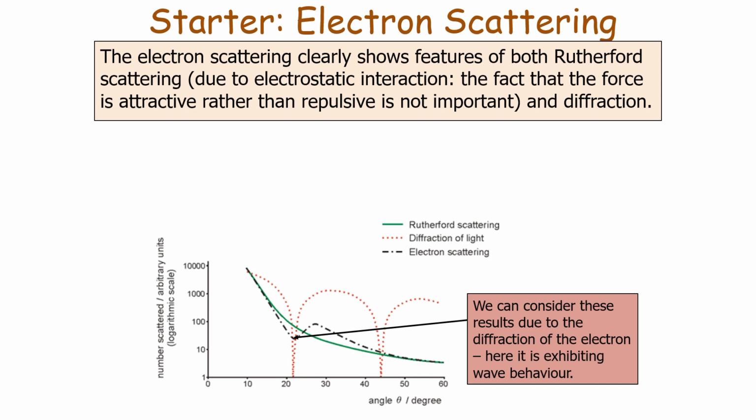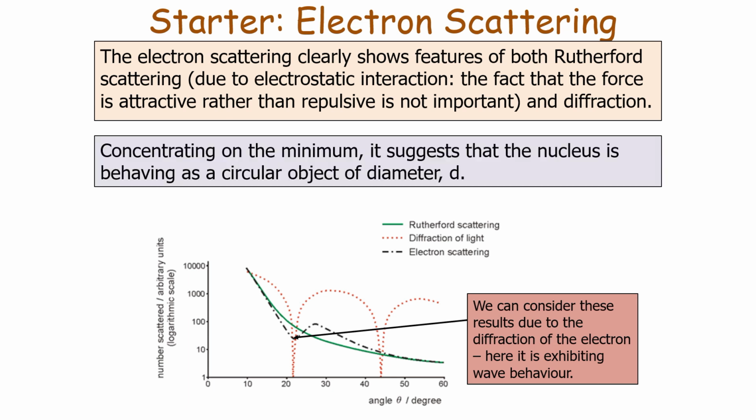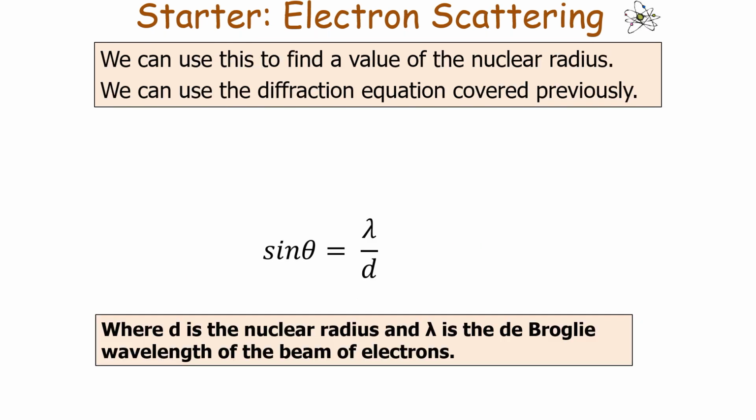Now we can consider from these results, due to the diffraction of the electron, that it must be exhibiting wave behaviour. So if we concentrate on the minimum we've pointed out earlier, it suggests that the nucleus is behaving as a circular object of diameter d. So we can use this to find a value of the nuclear radius, and we can use the diffraction equation which you've covered previously in our waves topic.